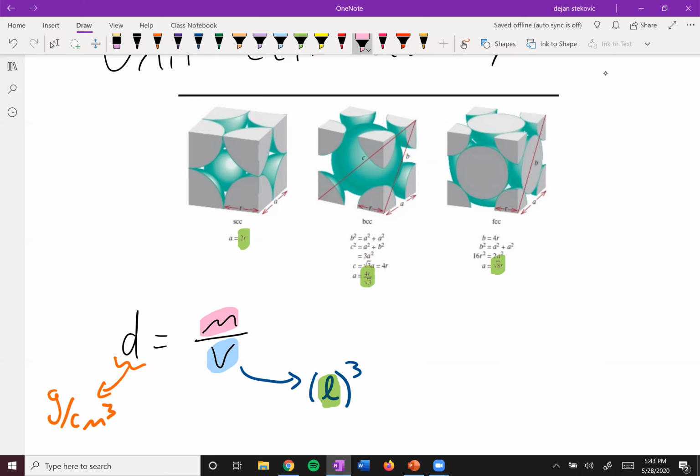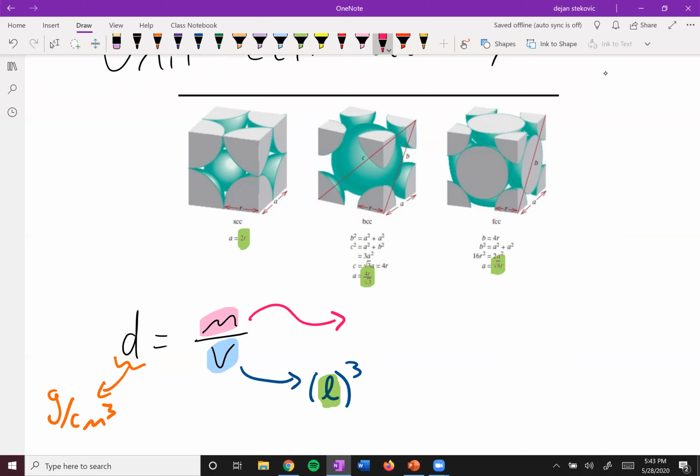And then think about what mass is here. For mass, we want the mass of the atoms in one of these cells. So if we try to break this down, it would be the number of atoms times the mass of each atom. But what's the mass of an atom is actually a pretty difficult question to figure out.